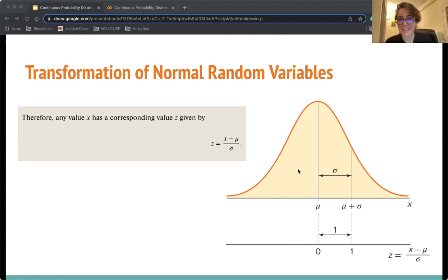So let's go through an example using the table, and then we'll use Python to calculate the exact probabilities without using the table. Some of these formulas should be familiar, like the z-score formula here, where you take x, subtract the mean and divide by the standard deviation to know where this value would lie.